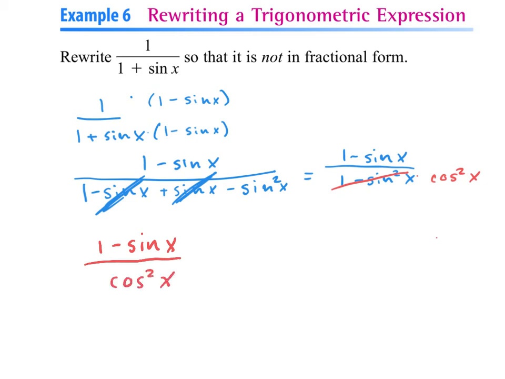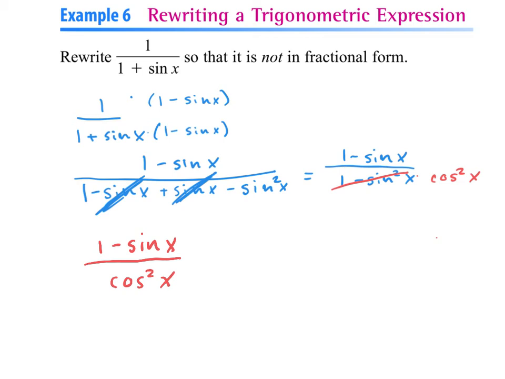I'm just rewriting it down here. What can I do next? Can you make it into tan?